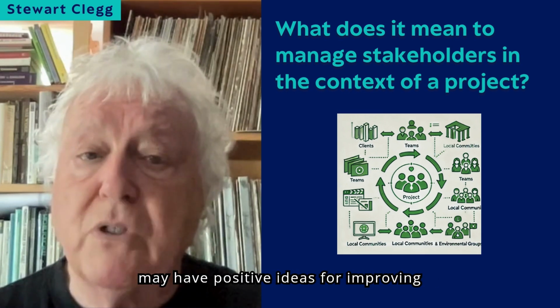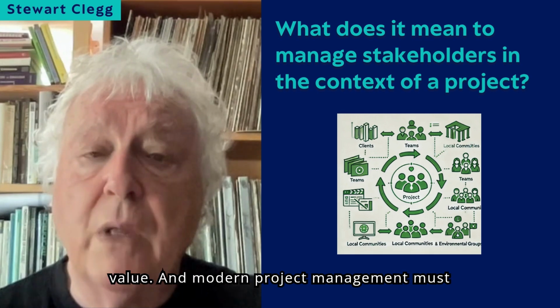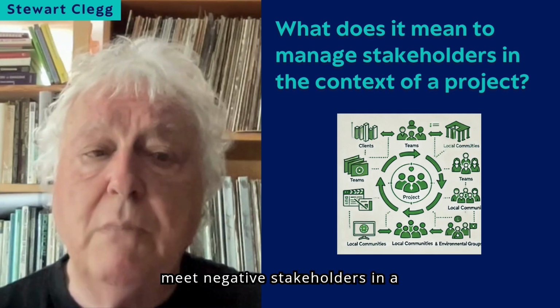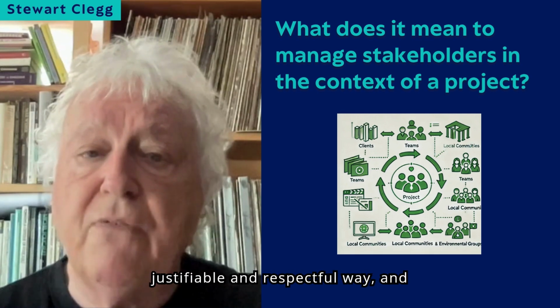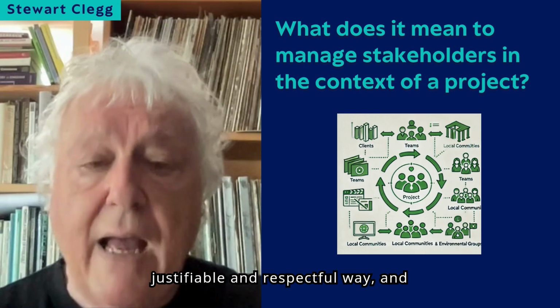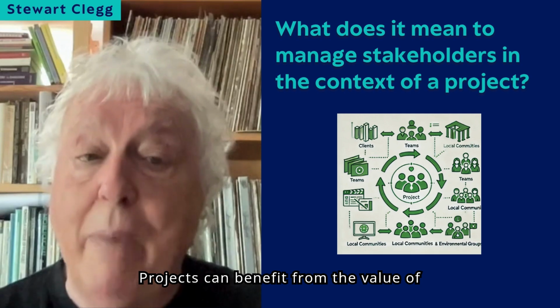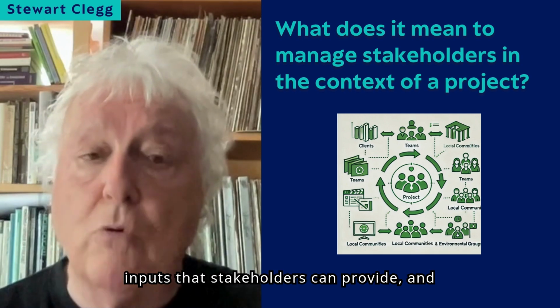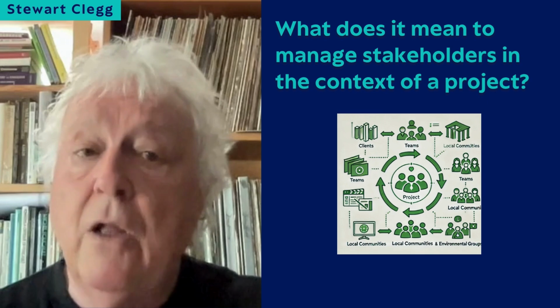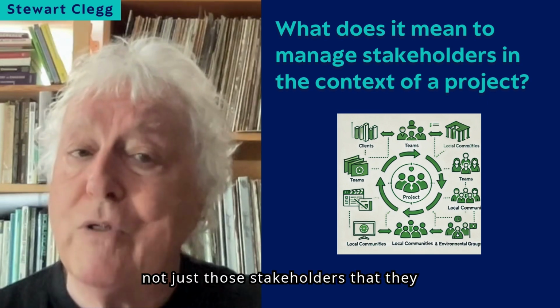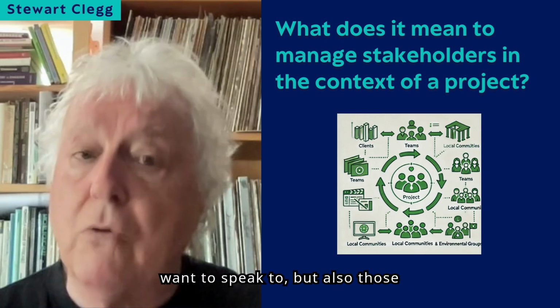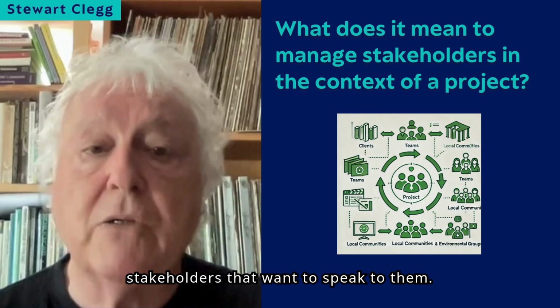Sometimes they may have positive ideas for improving value, and modern project management must meet negative stakeholders in a justifiable and respectful way and engage them in learning and consultation. Projects can benefit from the value of inputs that stakeholders can provide, and not just those stakeholders that they want to speak to, but also those stakeholders that want to speak to them.